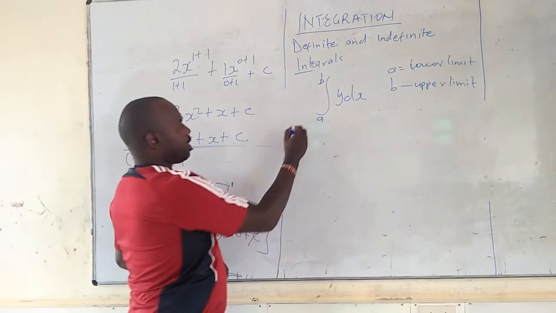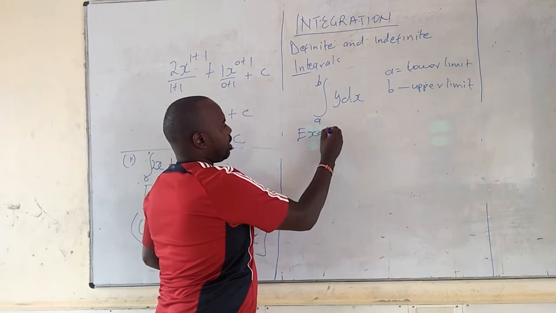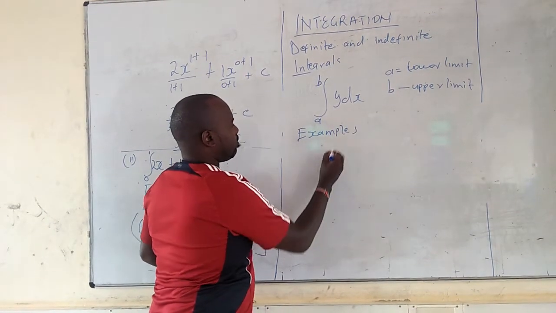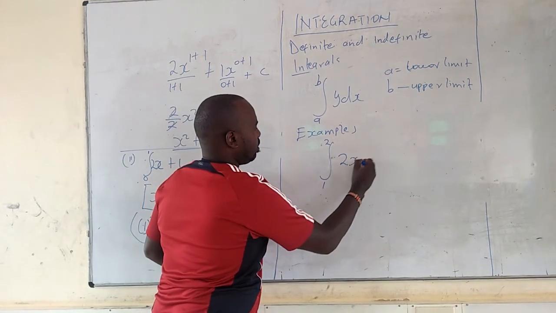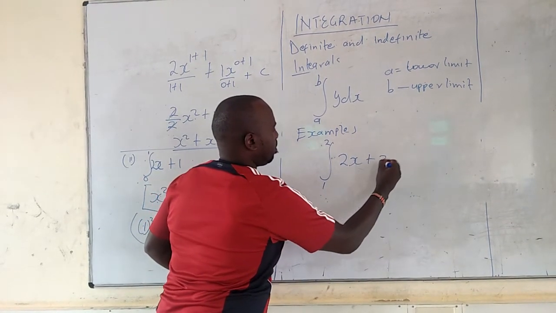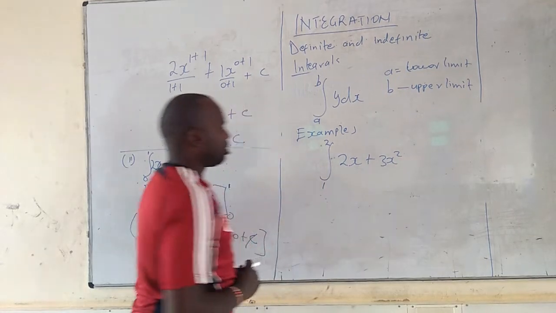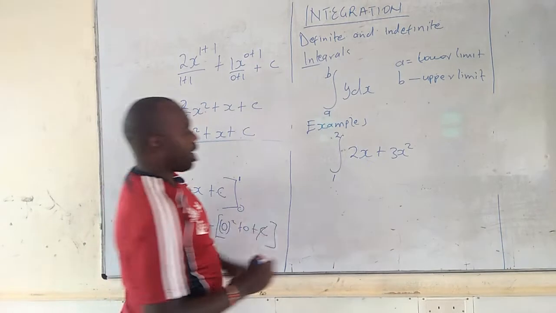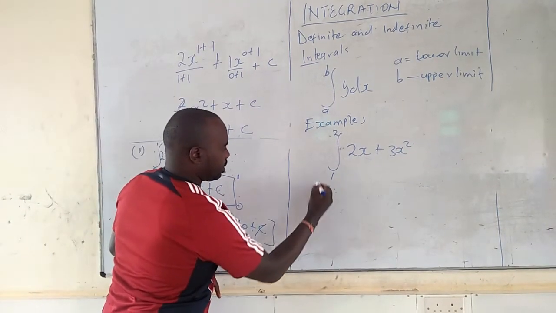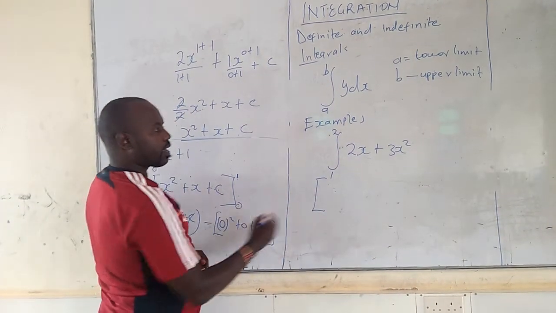Let's do another example. You can be told to integrate from 1 to 2, 2x plus 3x squared. This is a definite integral. Before you integrate, make sure you put the square brackets.